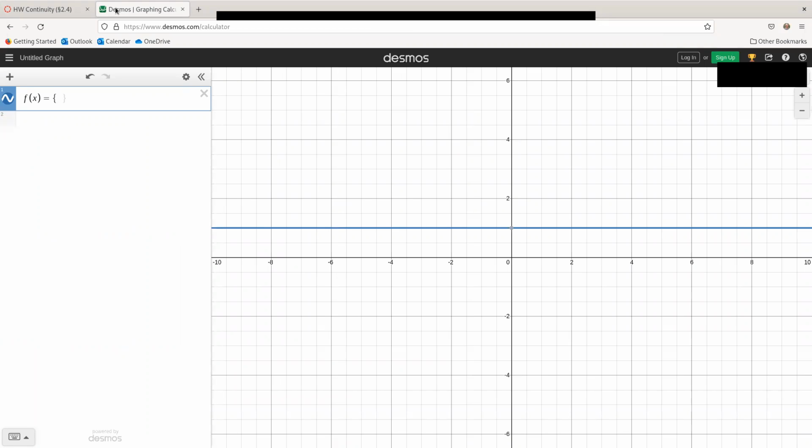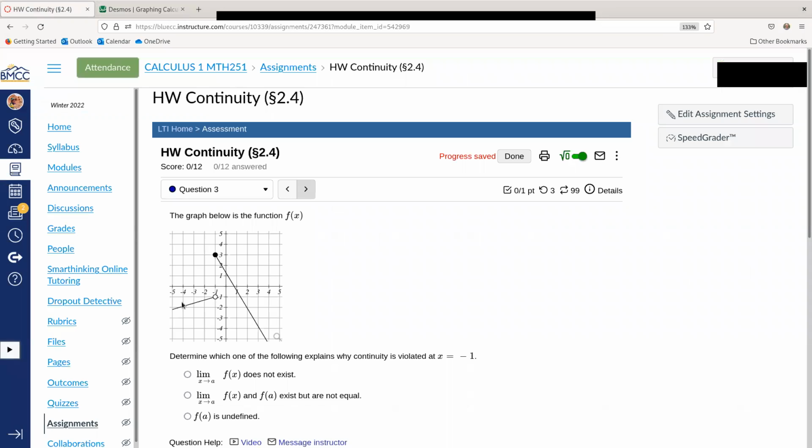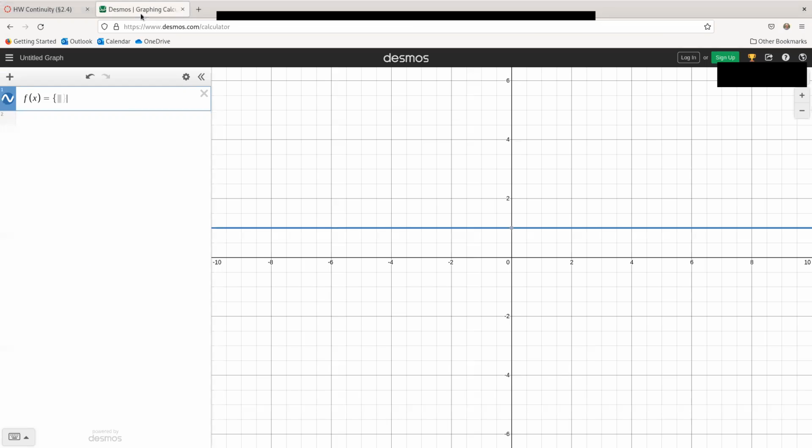What you do is you first say what x values to use for part of the graph. Like this part of the graph right here, I'm using any x value that's less than -1. So first thing I do is I tell Desmos to use x values that are less than -1.